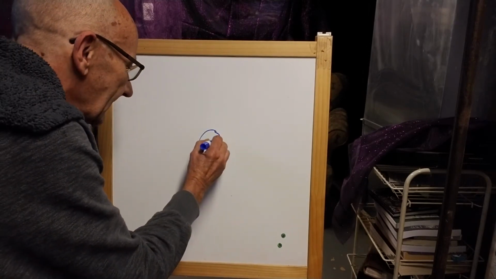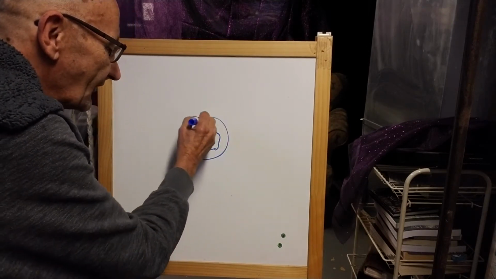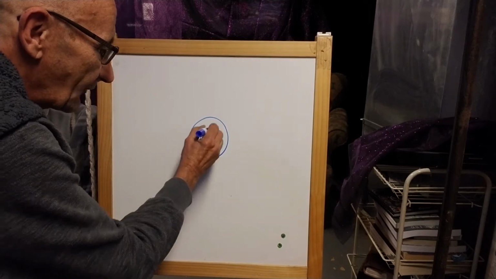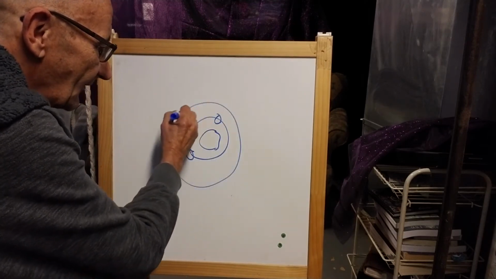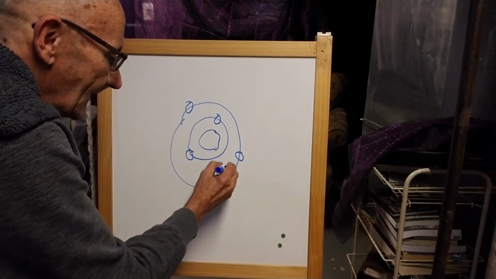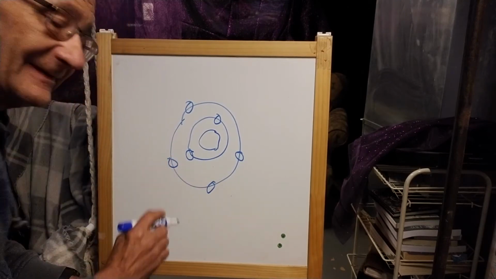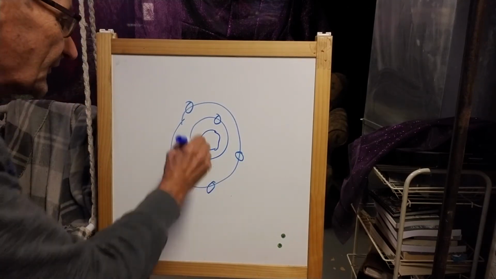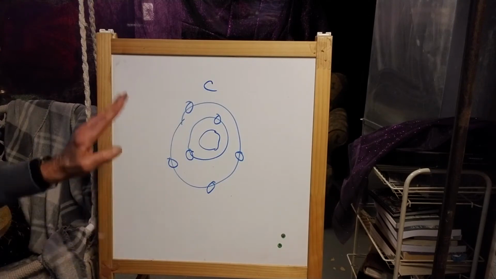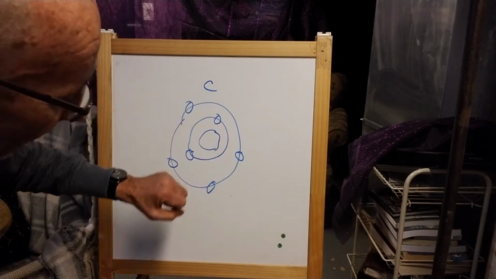We had the nucleus, the first shell with 2 electrons, and then the second shell with 4. Remember that? This is carbon. This is depicting the whole atom.